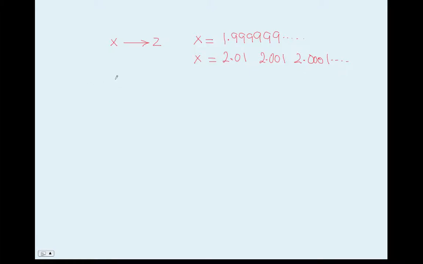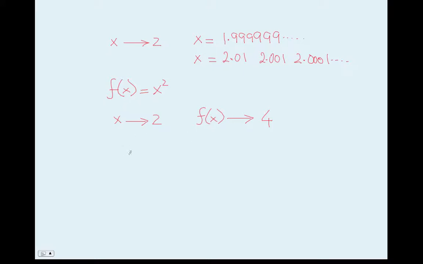Well, let's suppose you had a function f of x, and let's take that to be x squared for now. In that case, as x goes to 2, or x approaches 2, f of x will approach 4.